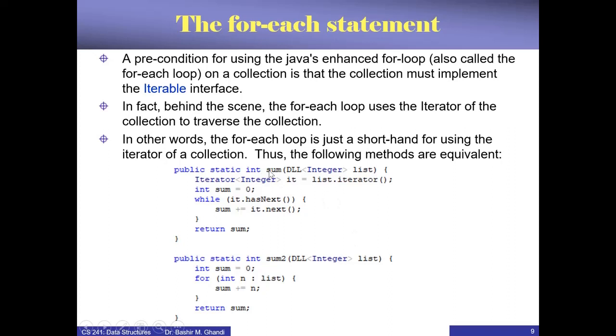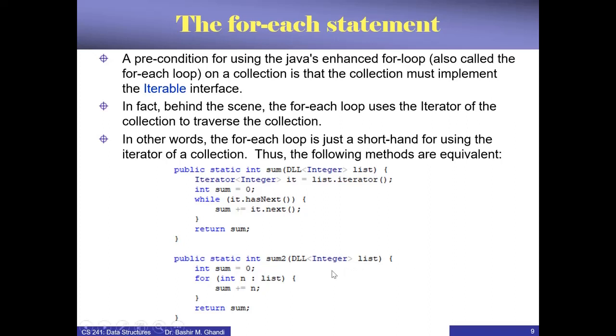So we have already seen the sum method. It takes a list of integers. It obtains the iterator object by calling the iterator method, and it uses a while loop: while it has next, it.next, and so on to get the sum. So this is very clear. Another way to implement this method is to use for each, which I'm sure you know from Java, from the Programming 2 course.